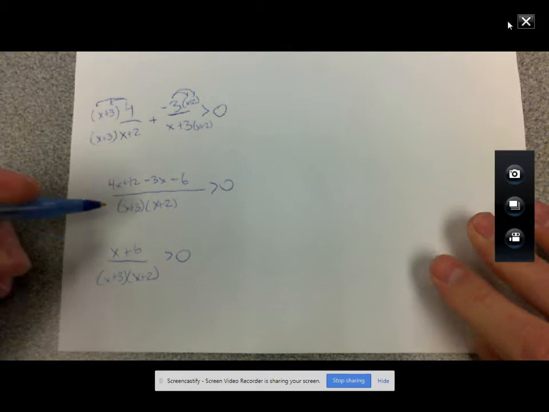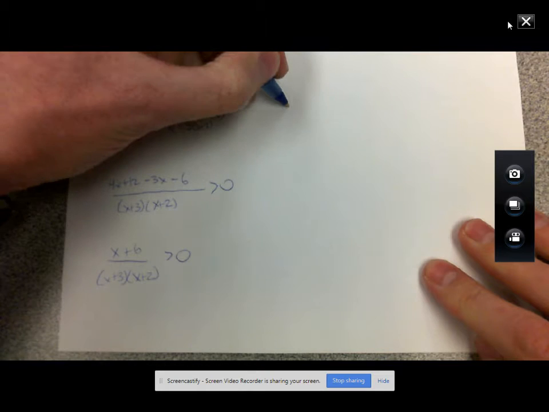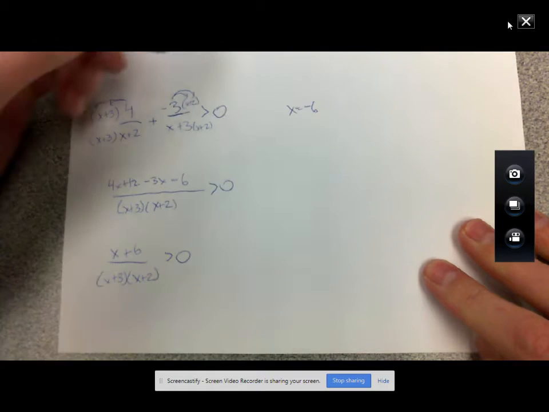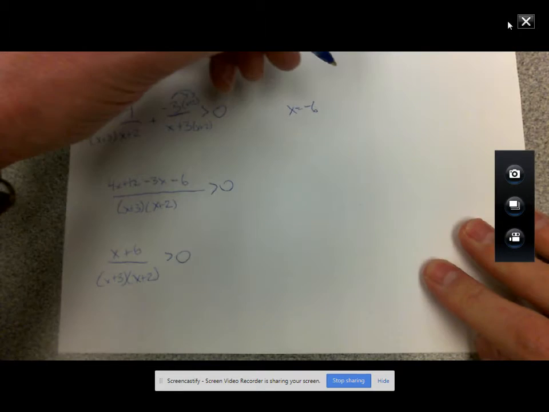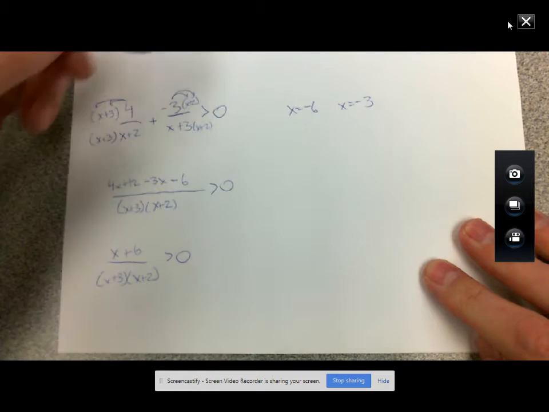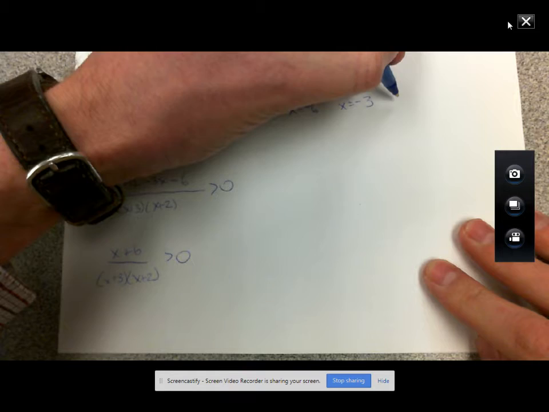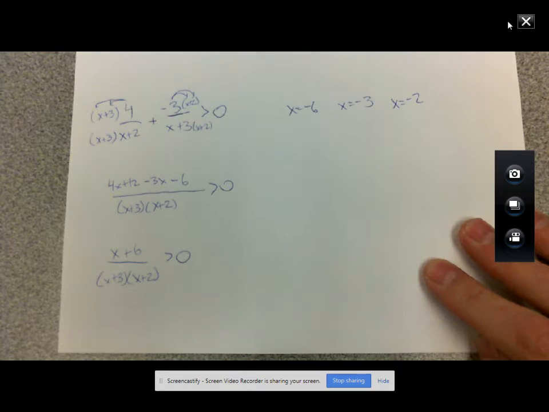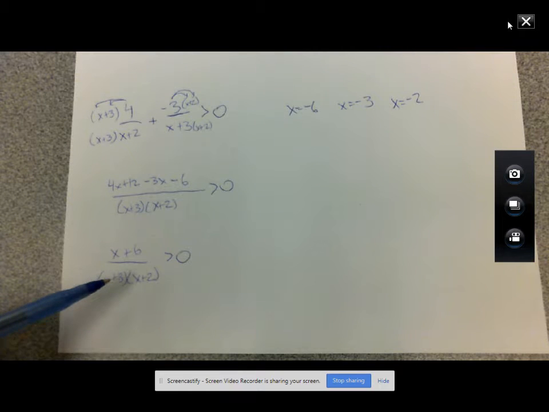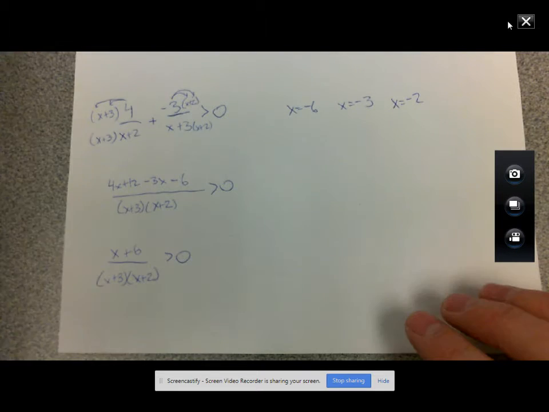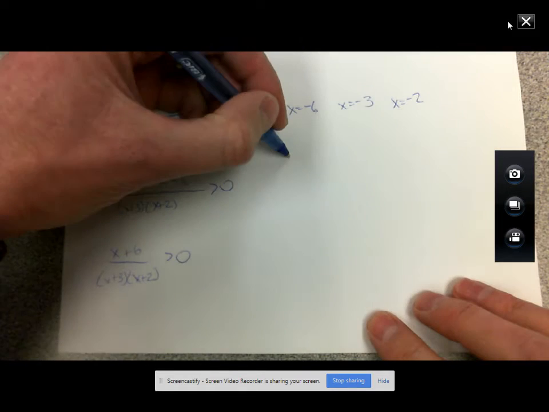I've got x plus 6, so I'm looking at when x equals negative 6. We've got x plus 3, so x equals negative 3, and x plus 2, so x equals negative 2. I'm looking at all those 0 points for these three pieces of that inequality. So now there's 3 of them. All the other ones we've had have had 2.